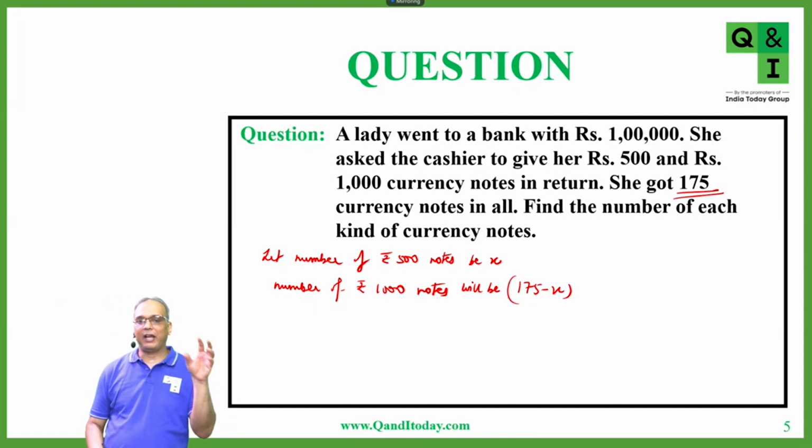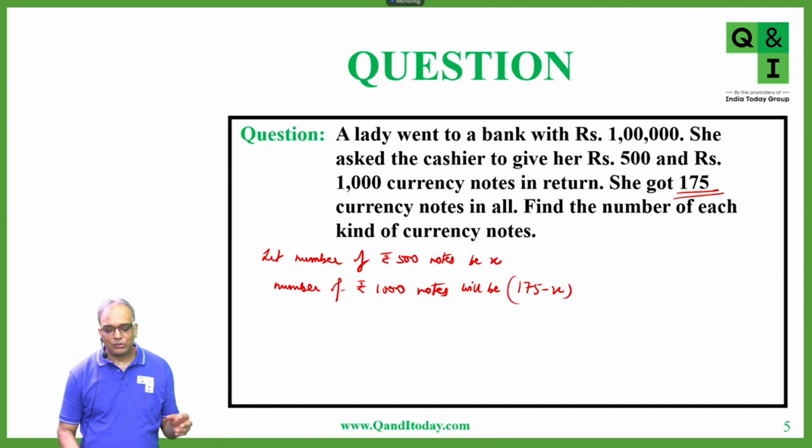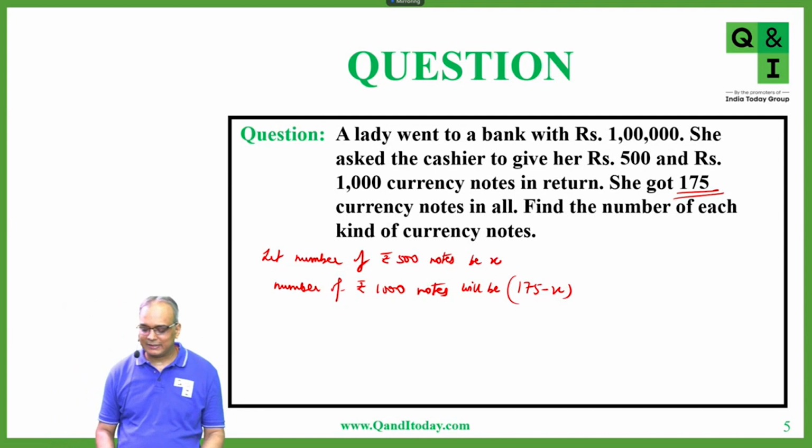If you have rupees 500 notes as X, so 1000 rupees notes will be total minus X, that is 175 minus X. Clear?